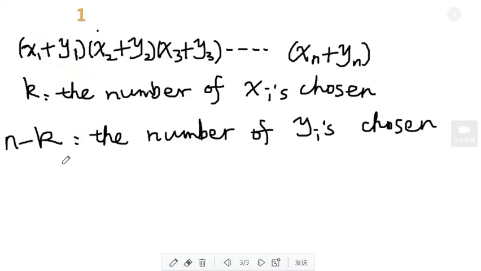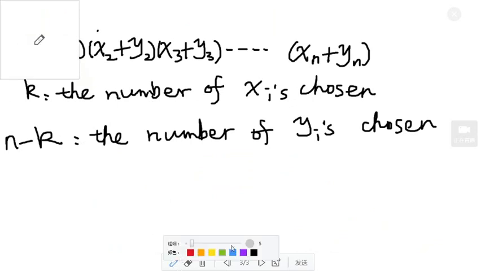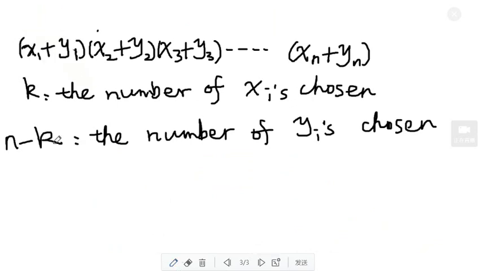Let's check the more general case. Here we have the number of exercises chosen. So how many different terms are we going to get? For each term, we are going to have n objects. How can we form those n objects?